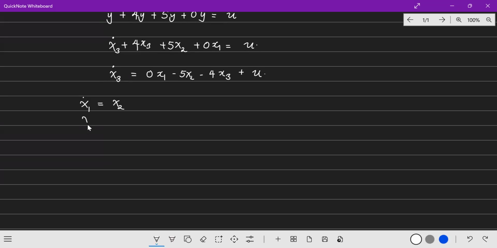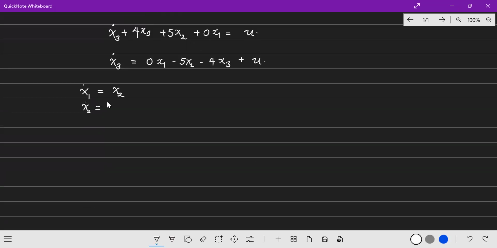And then x2 dot was equal to x3, and then x3 dot is equal to 0x1 minus 5x2 minus 4x3 plus u. Also, don't forget to write the output equation. We say that y is equal to x1. So this is the output equation.